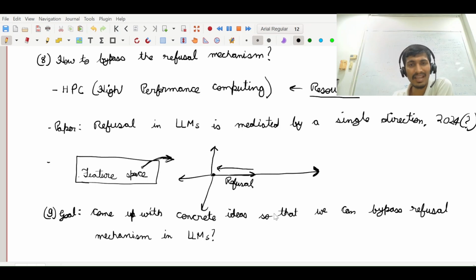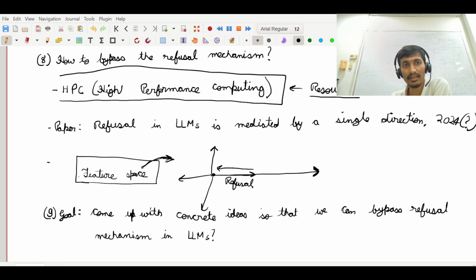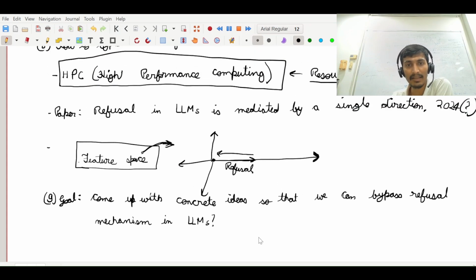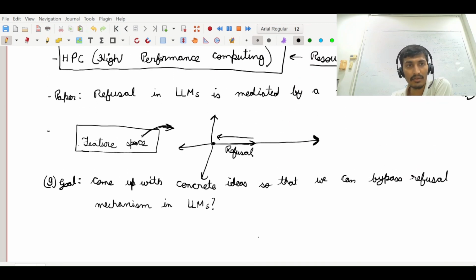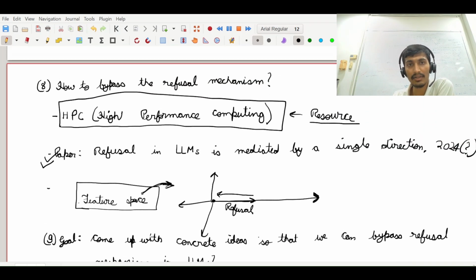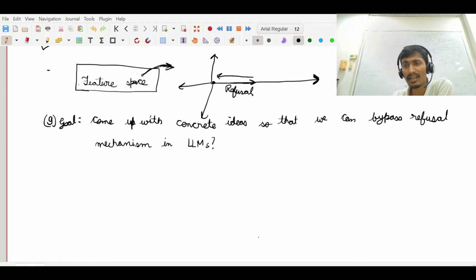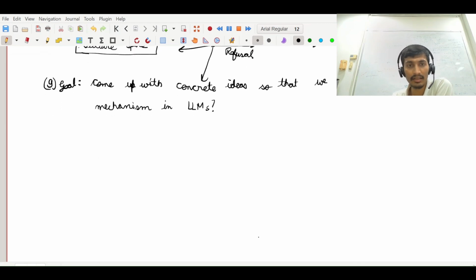We have resources, like we said we might need HPC and GPU access on the clusters, and we can manage that. Later we would try to study this paper and some other papers also, and come up with ideas.